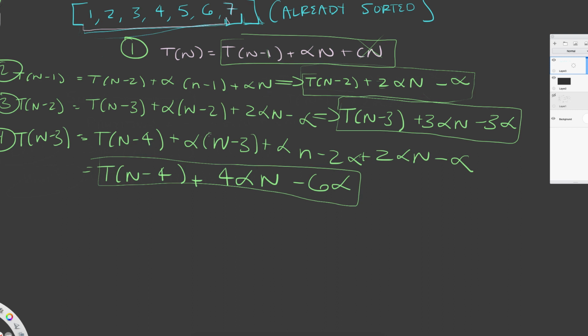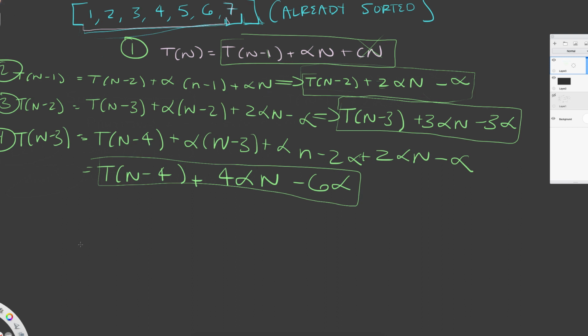Okay, so now I think we can see a more interesting pattern. These numbers 1, 2, 3, 4 are still staying the same. The coefficients are incrementing by 1. But now what I see here is this is 1, 3, and 6. So let's go ahead and try and demystify this pattern here. Let me create a new color.